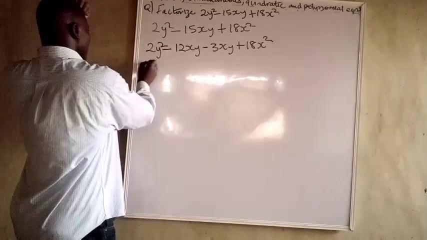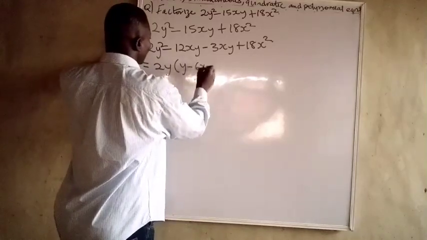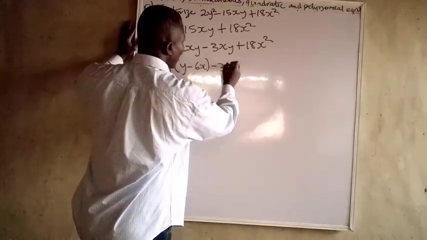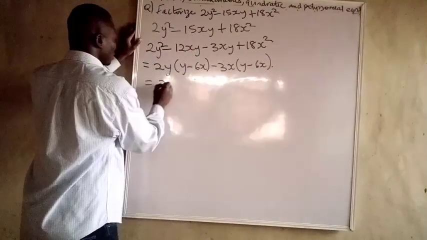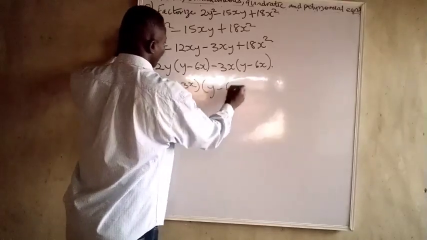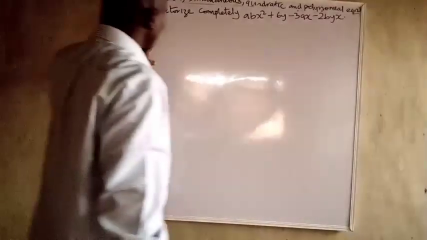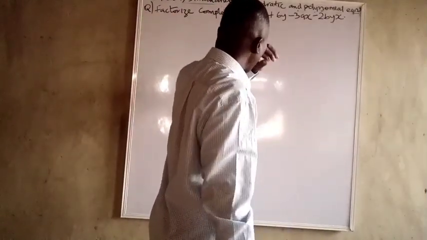You can see, this will give us 2y into y minus 6x minus 3x into y minus 6x. So this will give us 2y minus 3x into y minus 6x.